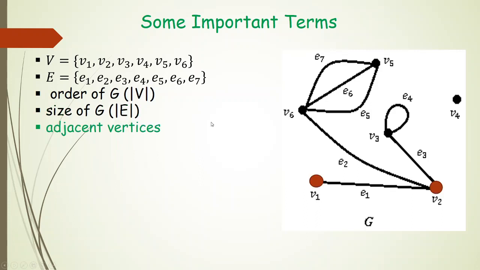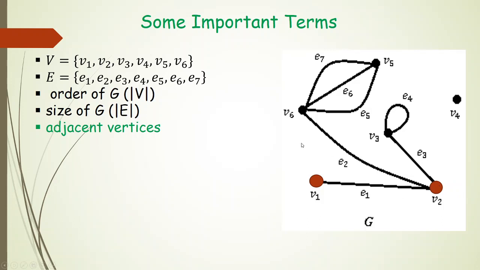And we say that two vertices are adjacent if there is an edge connecting the vertices. For example, vertex V sub 1 and vertex V sub 2 are adjacent vertices because there is an edge E sub 1 connecting these two vertices.